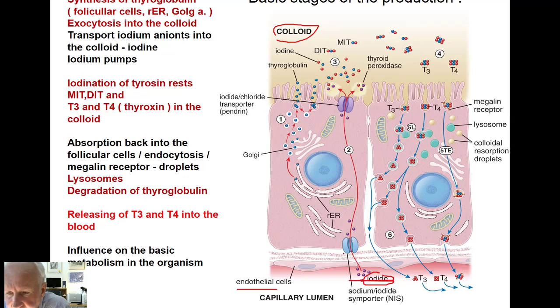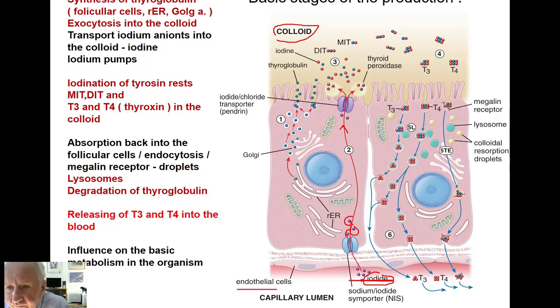There are iodine pumps working, and the iodine gets inside the follicular cells, is transported over the cell to the apical part, and released into the colloid.